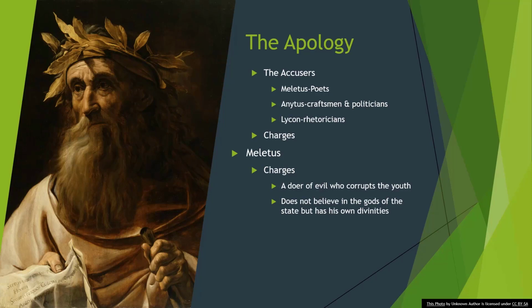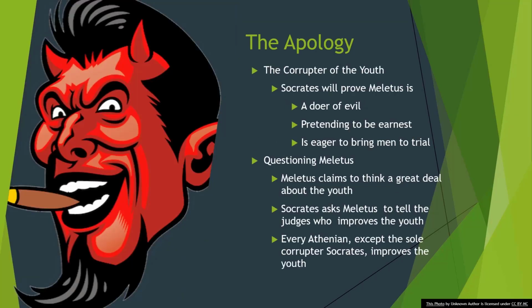Now, what about this corruption of the youth? So, according to Meletus, Socrates is a doer of evil and corrupts the youth. In his defense, Socrates tries to not only defend himself, but he's going to turn the tables on Meletus and try to prove that Meletus is a doer of evil, that Meletus pretends to be serious when he's only joking, and that Meletus is eager to bring men to trial from a pretended zeal and interest about matters he really has no interest in.